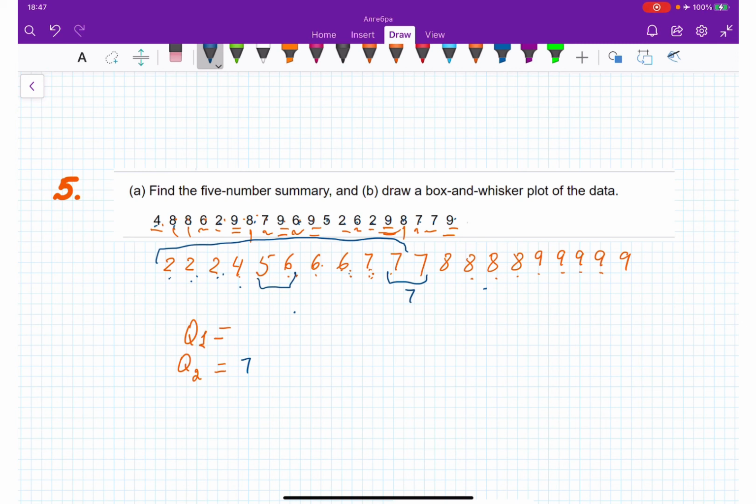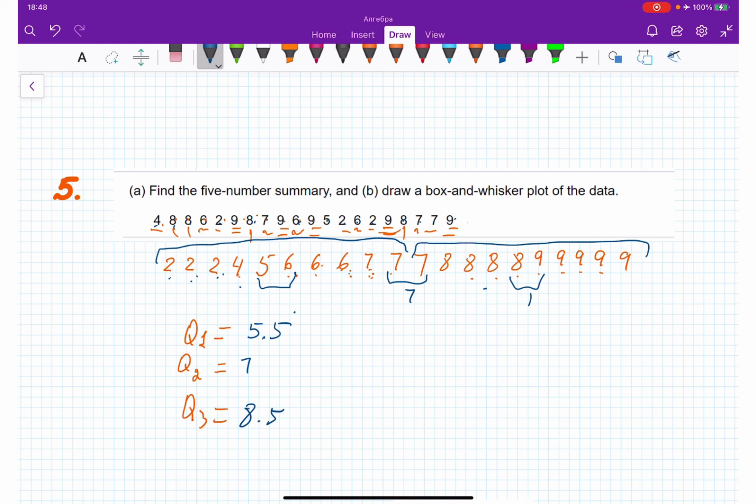So it's going to be 5.5, the average, right? Next, Q3, another 10, right? It's going to be 1, 2, 3, 4, 5, 8 and 9, these two, right? The average is going to be 8.5.